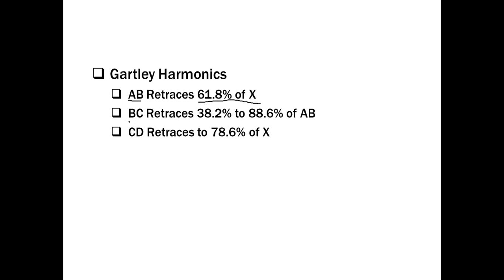The other rule for Gartley harmonics is that the end of B, the start of C, needs to have retraced to between 38.2 and 88.6% of the A correction on a Gartley.